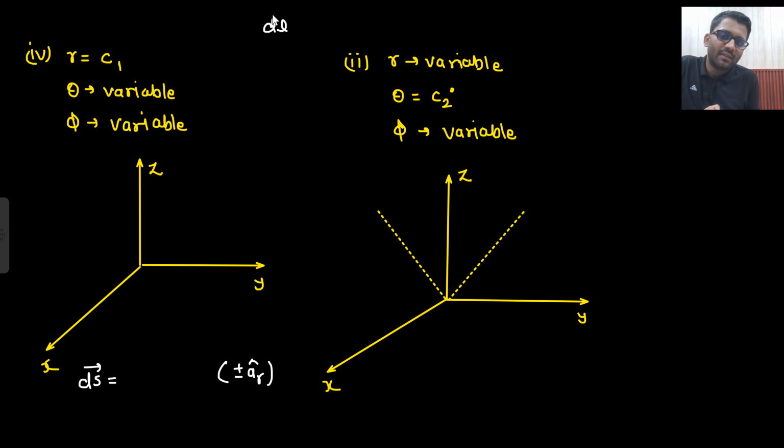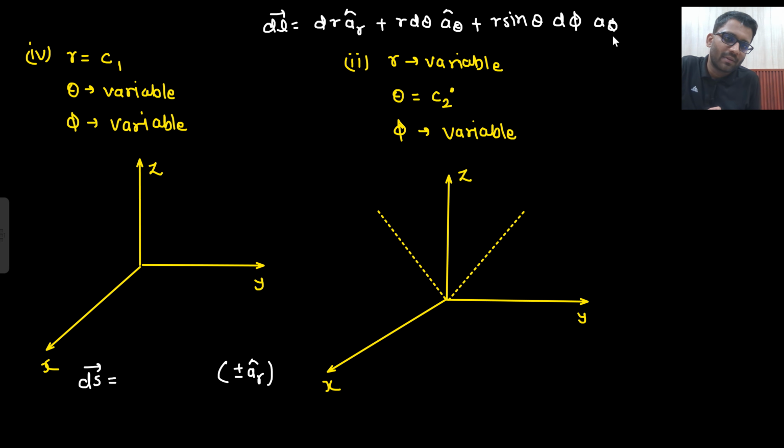What is my dL? dL is dr a r cap plus r d theta a theta cap plus r sin theta d phi a phi cap. Forget about dr. What will be the answer? r d theta into r sin theta d phi, so r squared sin theta d theta d phi.